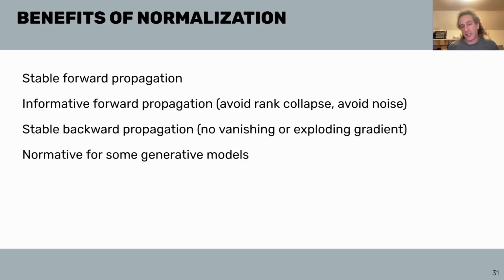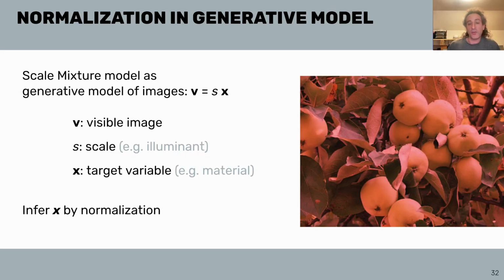It also allows us to do backwards propagation through gradient backprop and gradient descent. And so adding normalization layers allows us to avoid some elements of vanishing and exploding gradients, which would prevent learning. And there are also cases where normalization is just the right thing to do if you want to infer some property of the world. For example, if you think about vision, we often have a material that is reflecting light. And so we might care about the material.